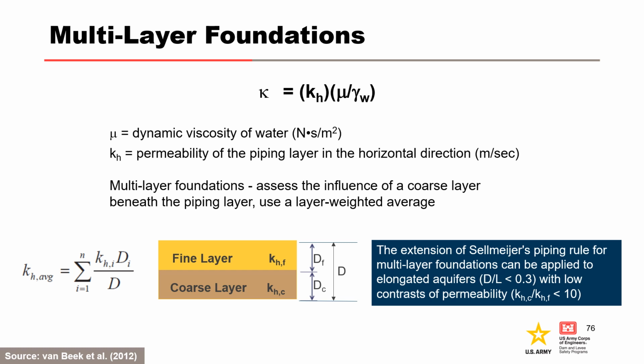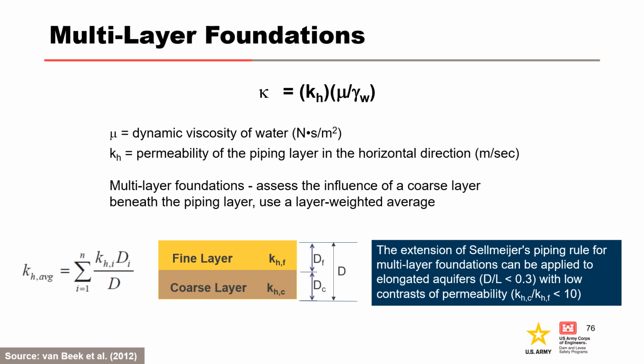Van Beek and others in 2013 conducted piping experiments on multi-layer sand samples to validate Sellmeier's model, and the piping rule was extended for multi-layer aquifers. A layer-weighted average of permeability is used as shown. When the contrast of permeability is large, and the aquifer thickness is relatively large compared to the seepage path length, the assumption of predominant horizontal flow is no longer valid.